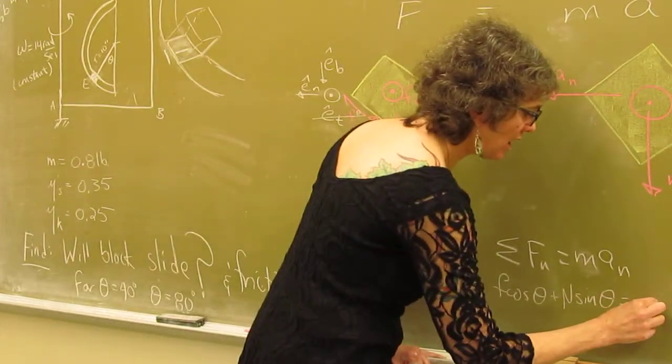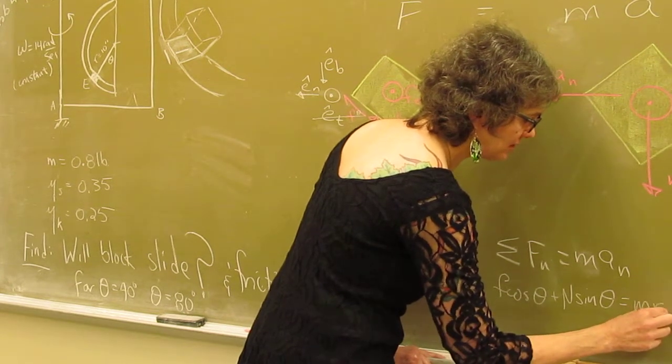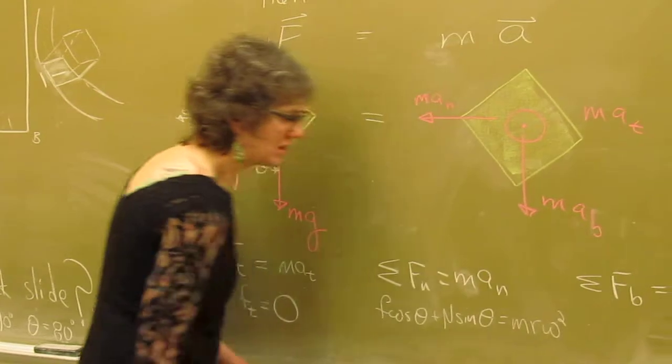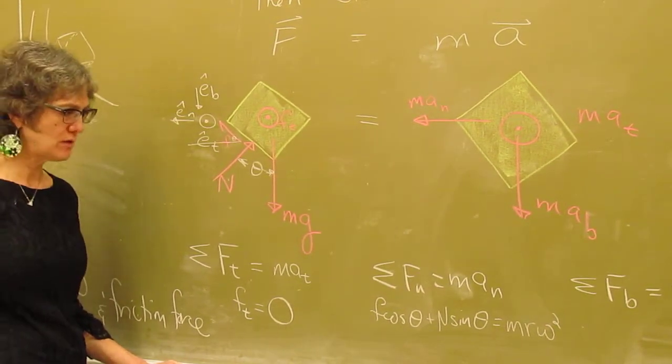V squared over R. So omega squared. Do I need to show you why that's equal to omega squared R? Yeah, okay, good. So that's m R omega squared. Everybody's fine with that? Okay, great.